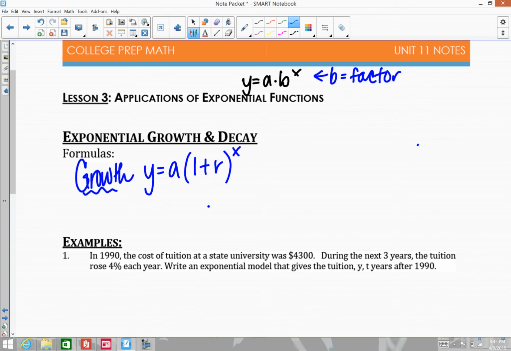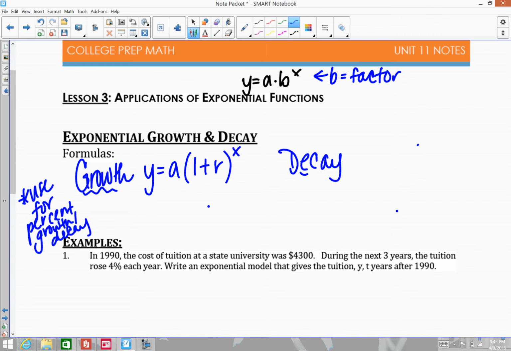These are going to be used for percents. The decay version of this is going to be y equals a times 1 minus r, because it's decaying.